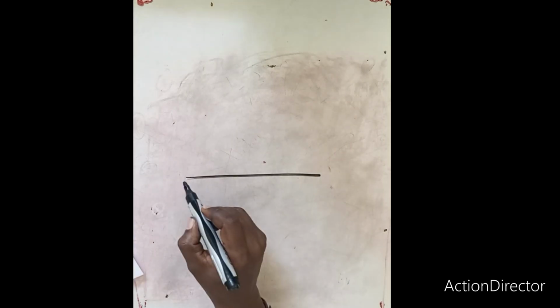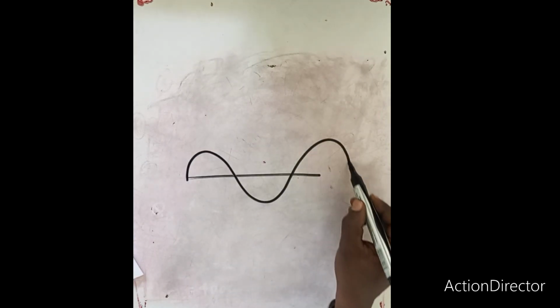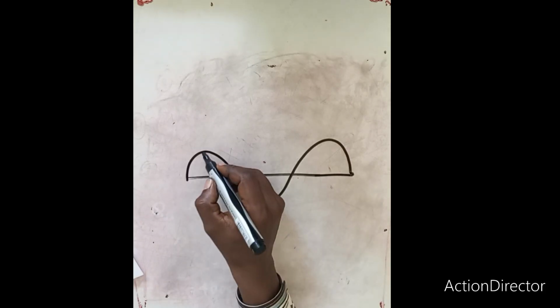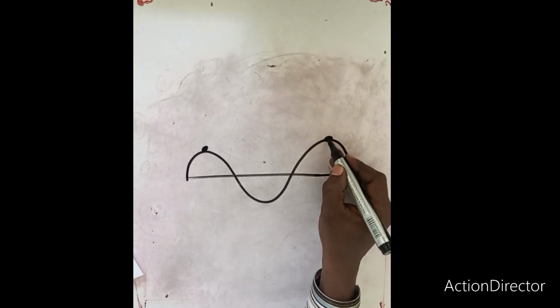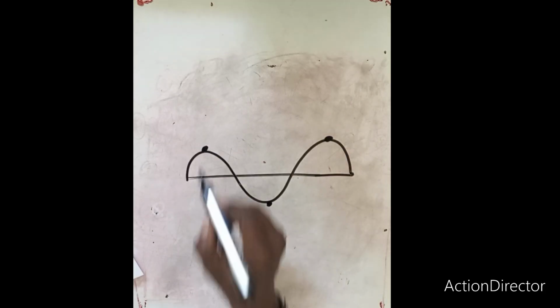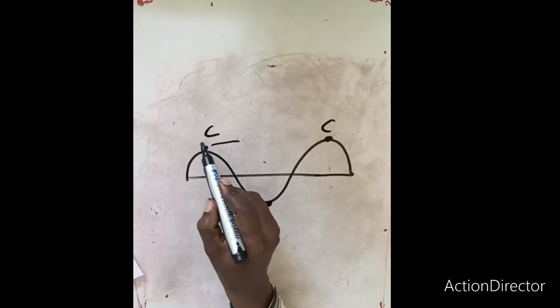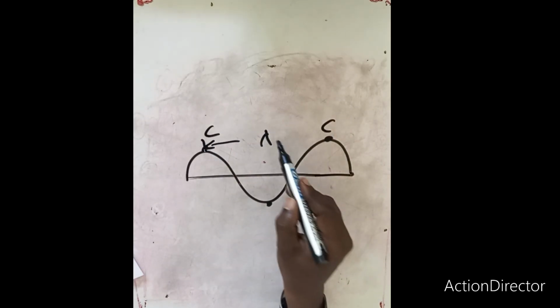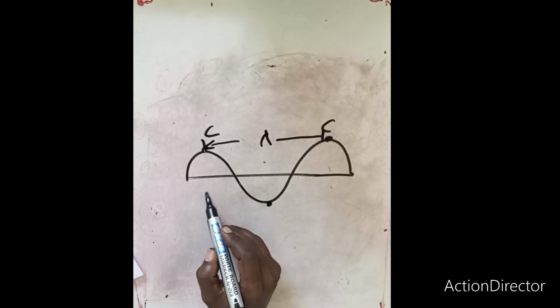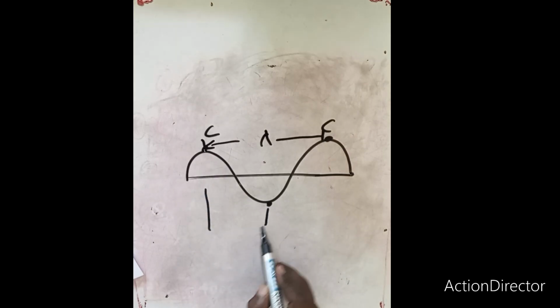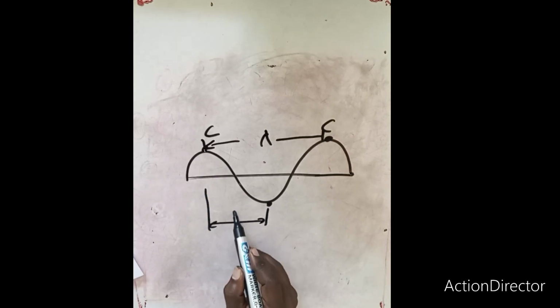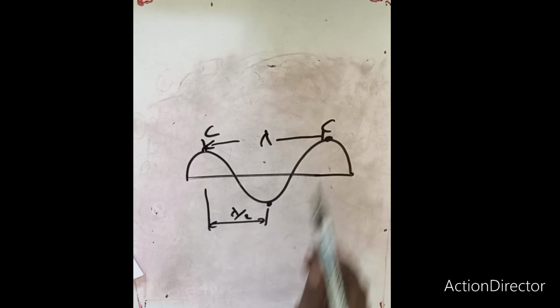Let's take a sinusoidal wave. This is the crest, this is another crest, and this is the trough. Between two consecutive crests, we can find the wavelength, not between this crest and this trough. That is half of the wavelength, not the wavelength.